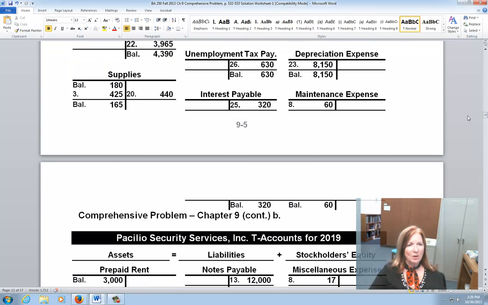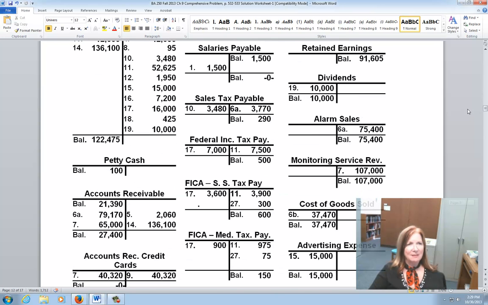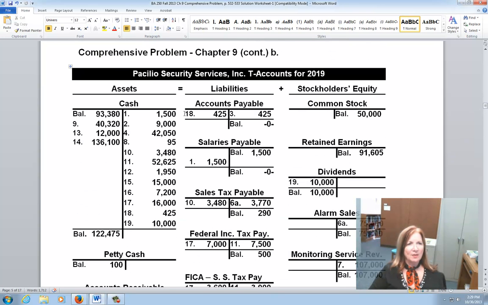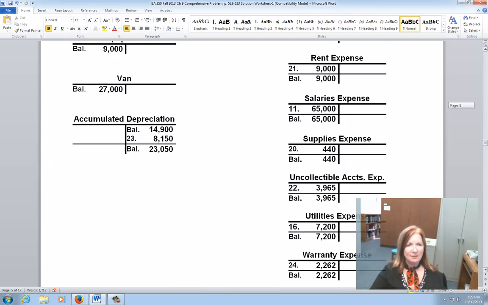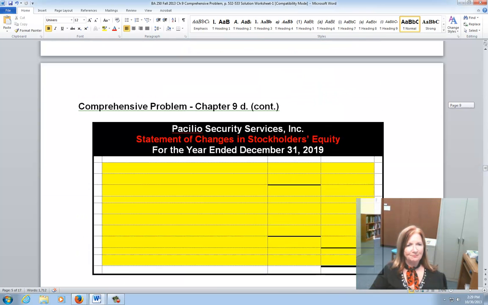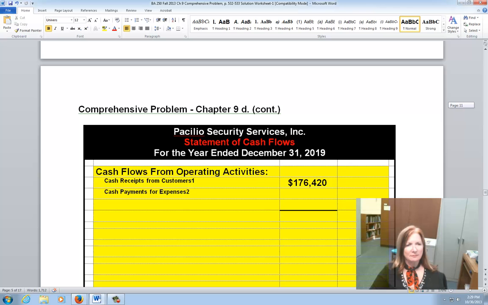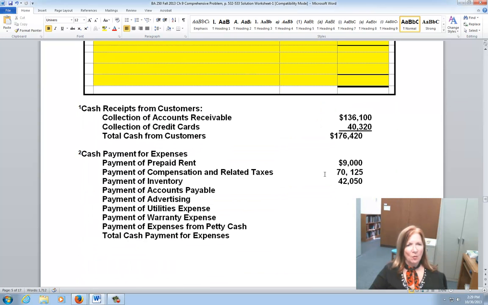So I'm looking for where an account payable was paid. So here we are with our accounts payable, and $425 was paid with this accounts payable. So here's where it was established, and here's where it was paid. So I'm going to go down here and put in $425 in this accounts payable.